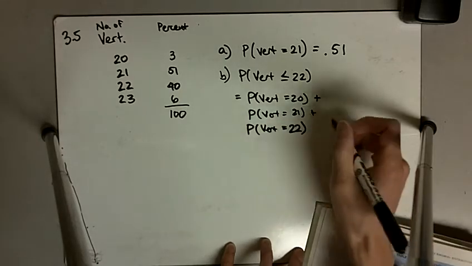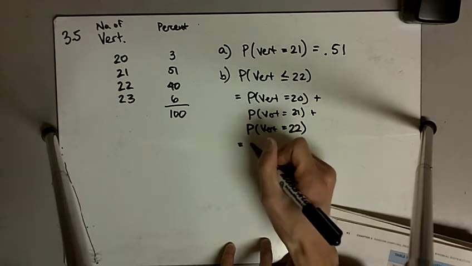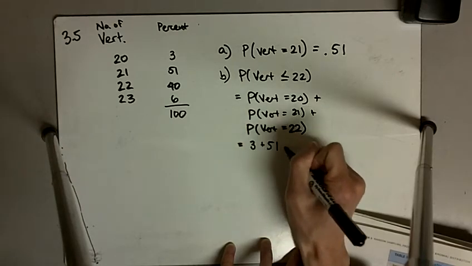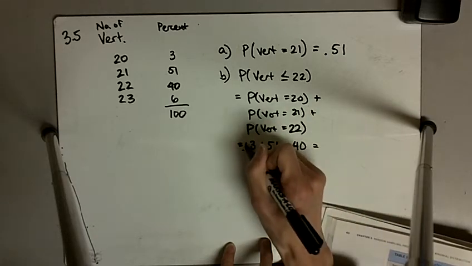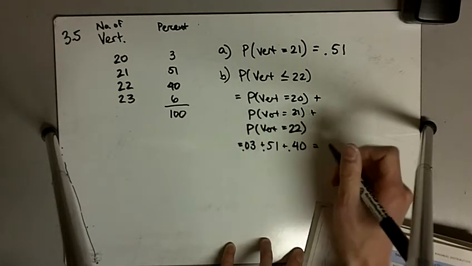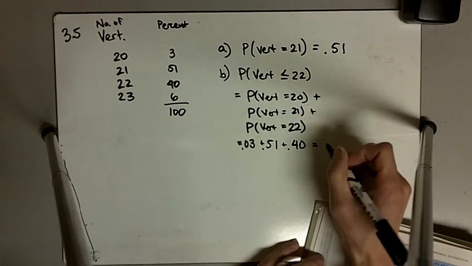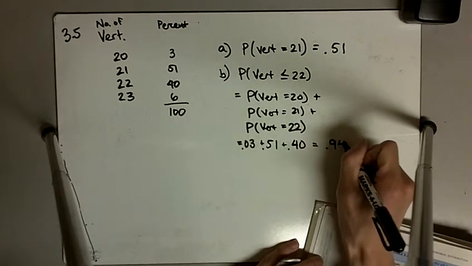Less than or equal to. Alright, so that is equal to 3 plus 51 plus 40. I'm sorry, and these are all percentages or proportions, and that is equal to 0.94.